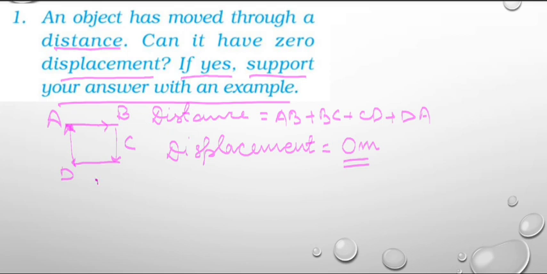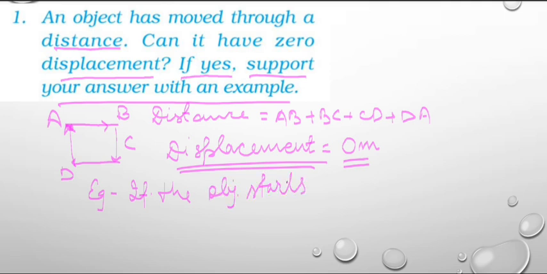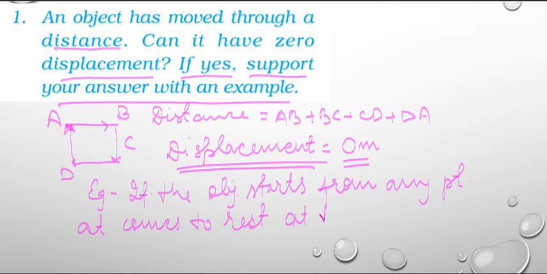You can give the example: displacement can be 0 only if the object starts from any point and comes to rest at the same starting point.